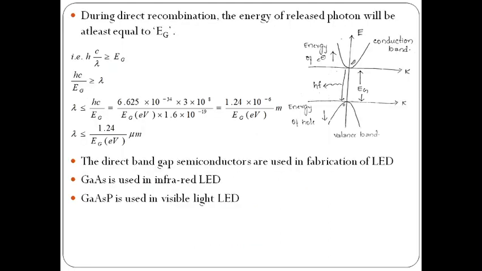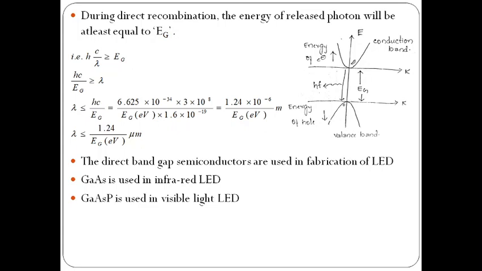During the direct recombination, the energy of the released photon will be at least equal to the band gap of the semiconductor material. So here you can observe the minimum of the conduction band and the maximum of the valency band are both present at the same momentum, same k value.